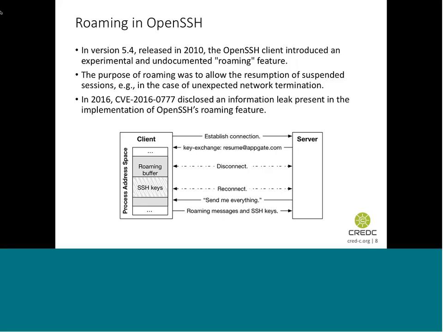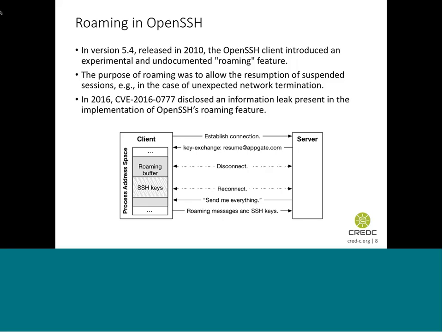In 2016, there was an information leak that was disclosed. And this was also pretty simple. The way it worked was that part of the key exchange for OpenSSH loads your SSH keys into memory. Part of the roaming operation creates this roaming buffer. Well, it just so happens that if you massage things correctly, you can get the roaming buffer to overlap the memory of the SSH keys.